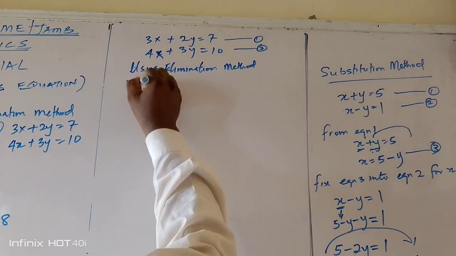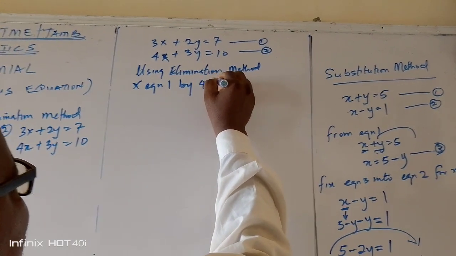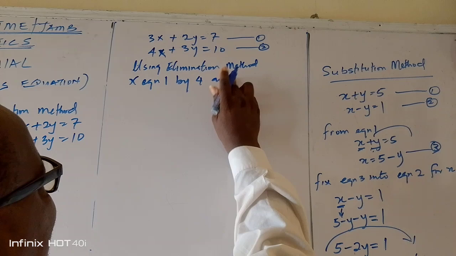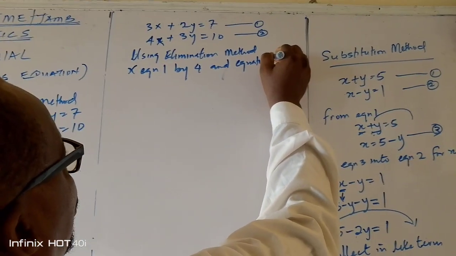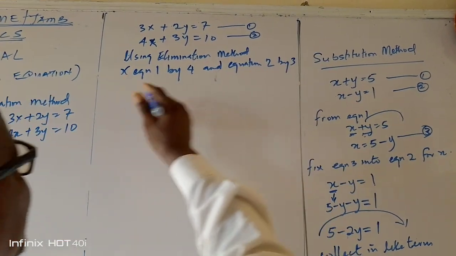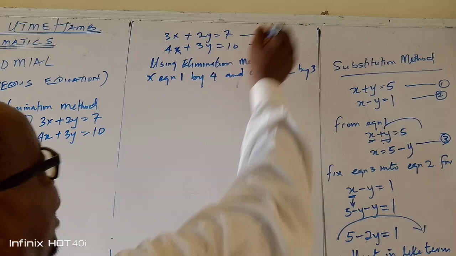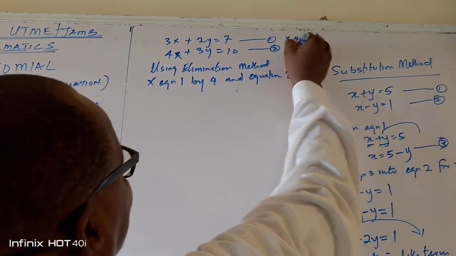multiply equation 1 by 4 and equation 2 by 3. So it's quite simple. We multiply this one by 4 and this one by 3.